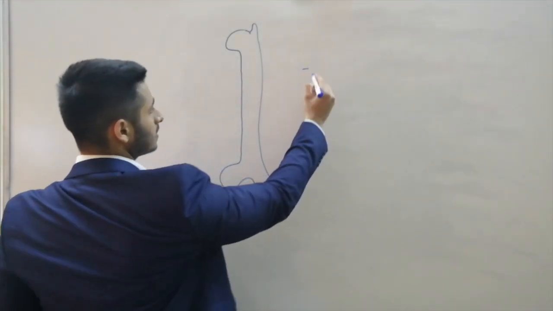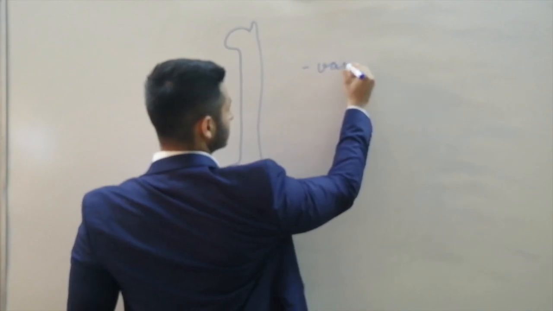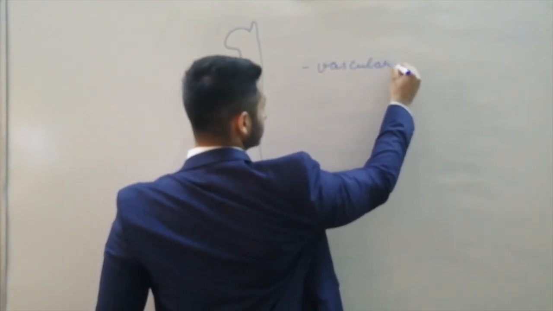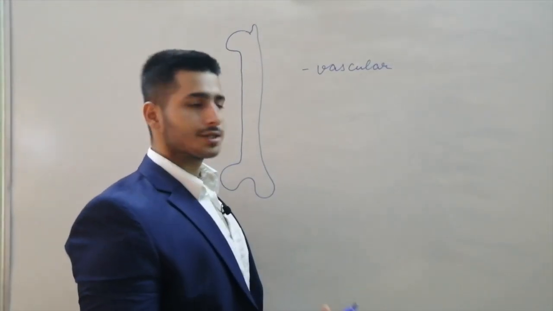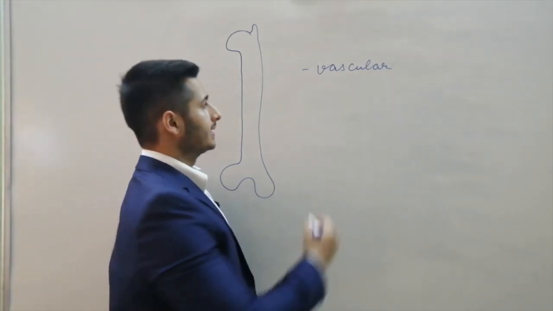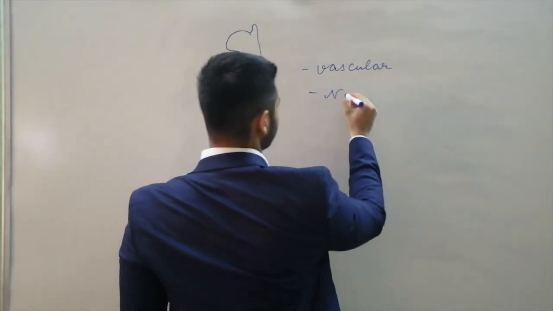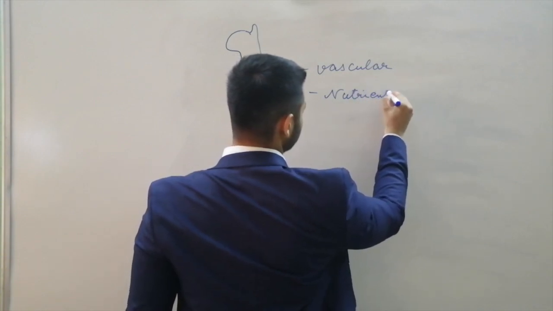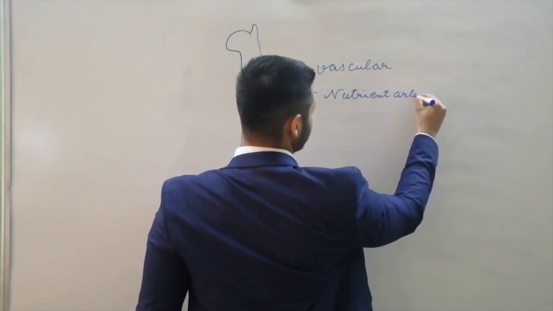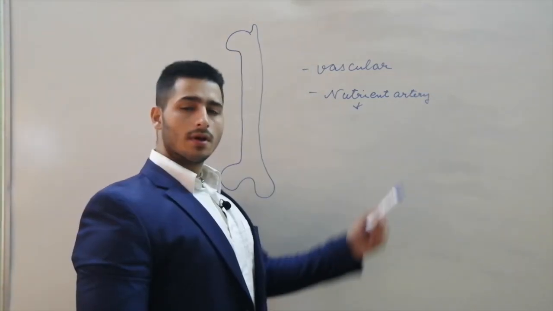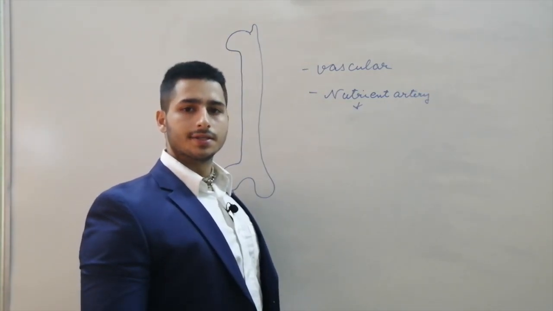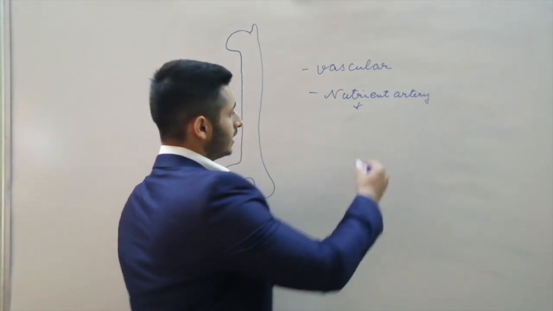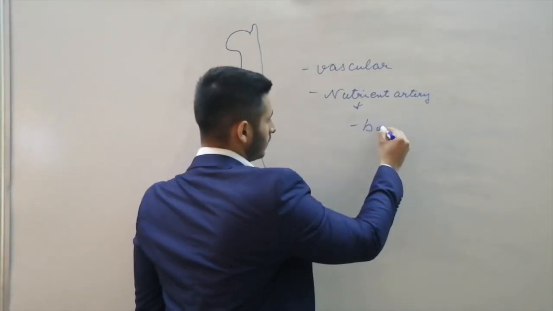Now bones are vascular. Unlike cartilage, bones are vascular, and each bone has its own nutrient artery. The nutrient artery enters the inner cavity of the bone and supplies the bone marrow.